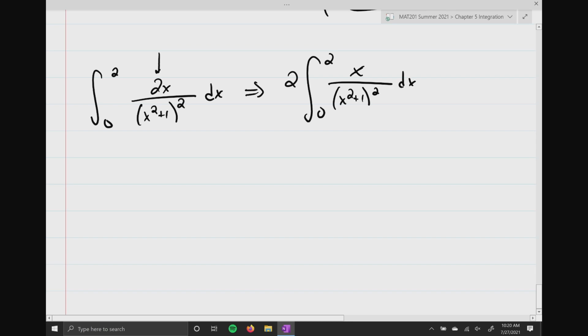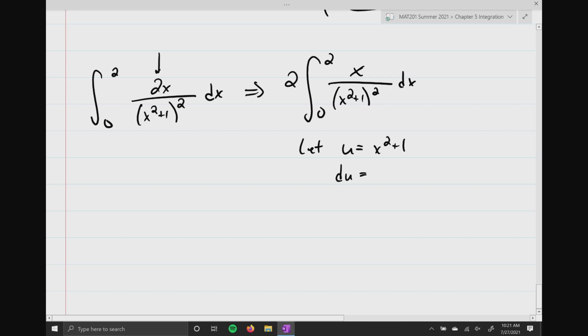In our denominator, there's our composite function, x squared plus 1 raised to the 2nd power. So we're going to try to use U substitution. I'm going to tell you it's going to work, but we're going to try it anyways. So we're going to let u equal x squared plus 1. Remember, it's the inside of the composite function.